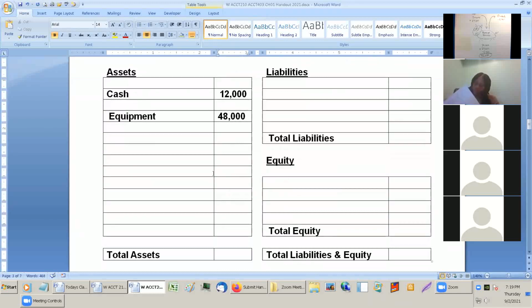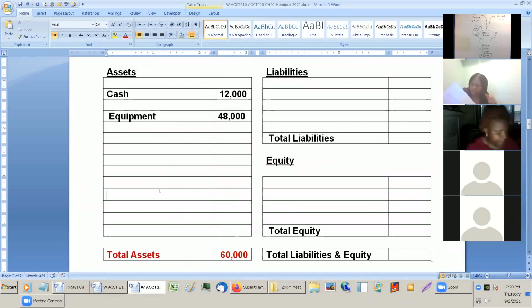So way down here, now, a normal company may have hundreds of accounts here, but we just have 2 for right now, which is fine. So it's 60,000. So this is kind of, how much stuff do we have? We have 60,000 worth of stuff. So we have cash, 12,000, we have equipment for 48,000. And so we have a total stuff of 60,000.